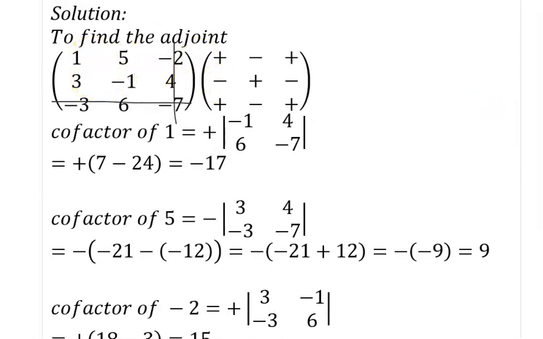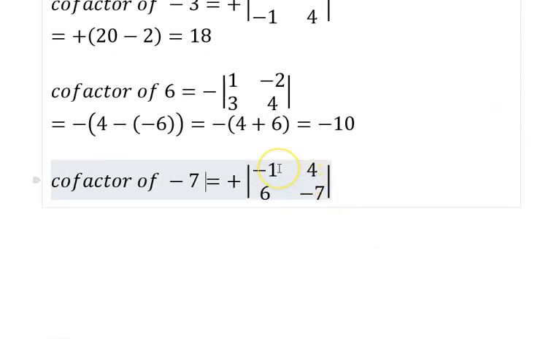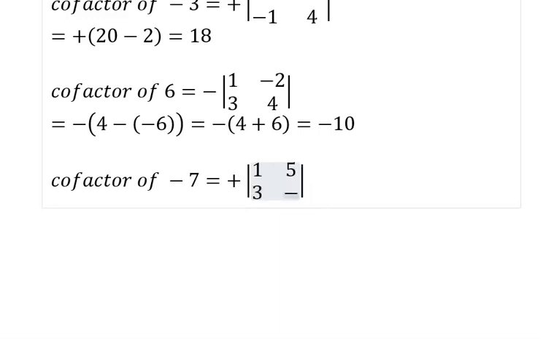1, 5, 3, minus 1. So, as usual, the corresponding sign is plus.